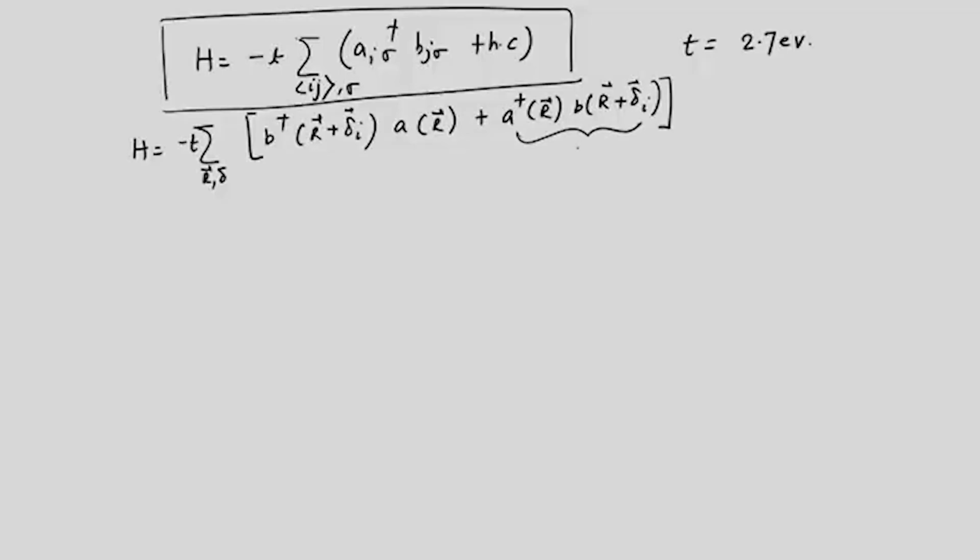And again, in keeping with the notation we talked about earlier, b dagger will create an electron in the B sublattice at the site R plus delta i, and a R will annihilate an electron at site R belonging to the A sublattice. And just to make sure that each A sublattice site has a B sublattice neighbor and vice versa. There is a sum over all these delta i, and there are 3 neighbors as we have said.